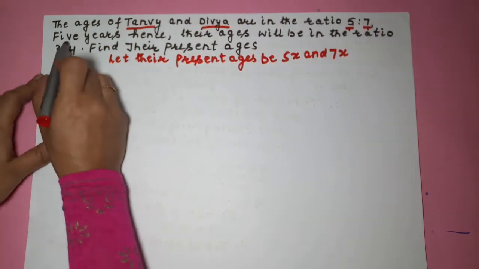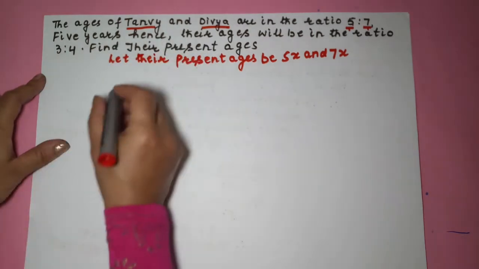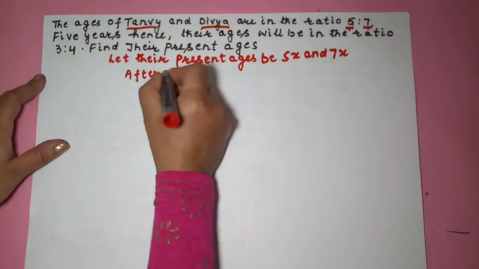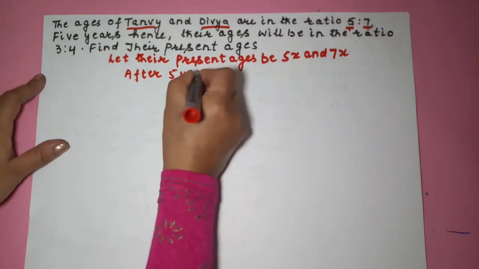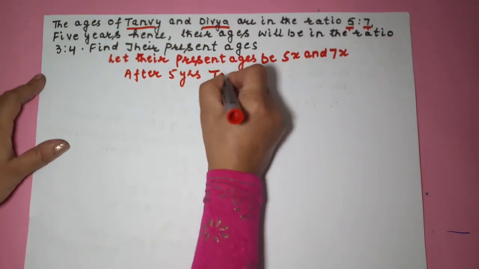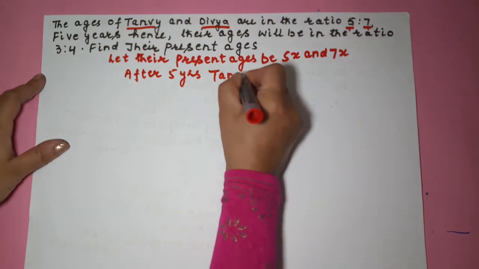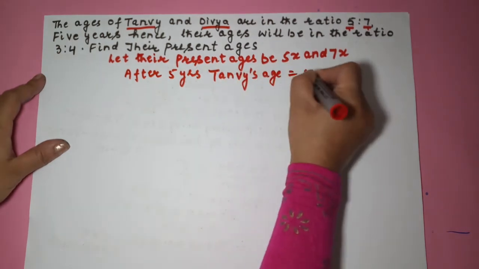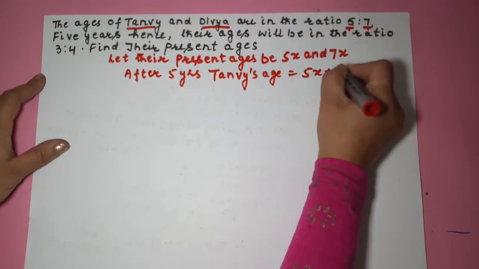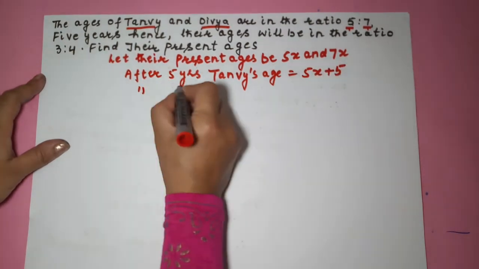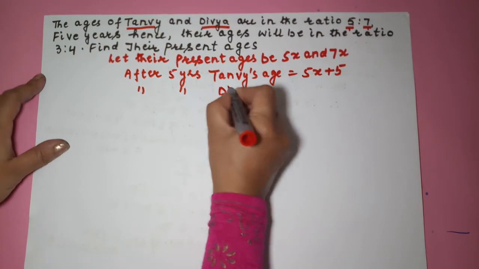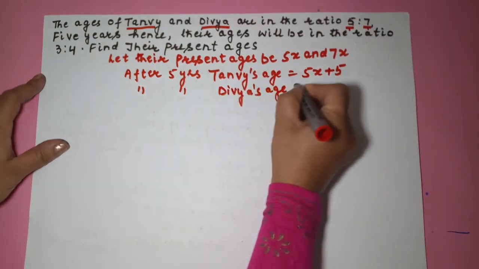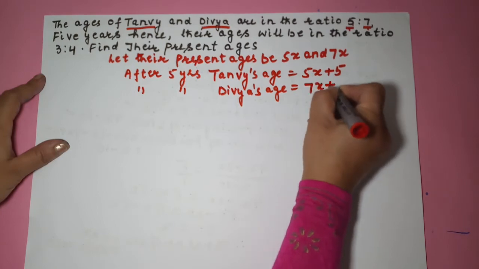Now he's saying 5 years hence, after 5 years. So let's calculate their ages after 5 years. After 5 years, Tanvi's age will be 5x plus 5, we'll add 5 years to Tanvi's age, and after 5 years Divya's age will be 7x plus 5.